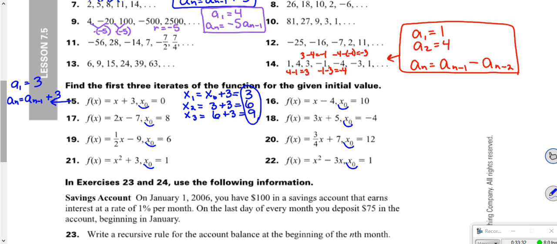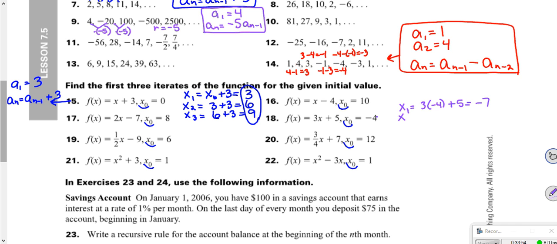Let's look at 18. So to get to my x sub 1 term, if you will, my x sub 1 term is going to be 3 times negative 4 plus 5, which is negative 7.